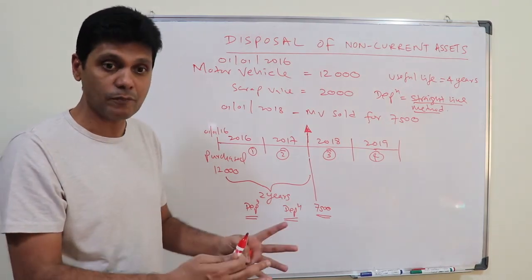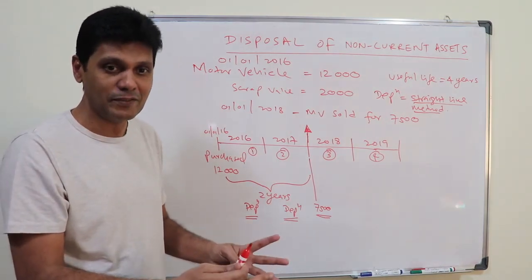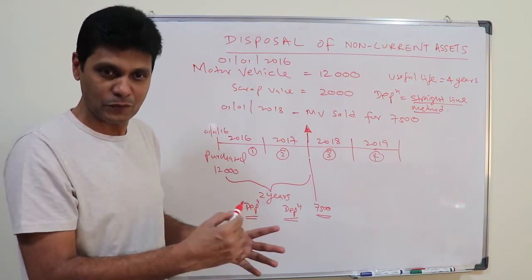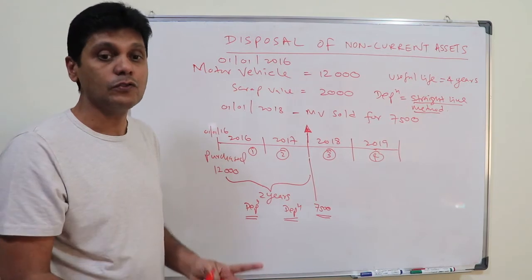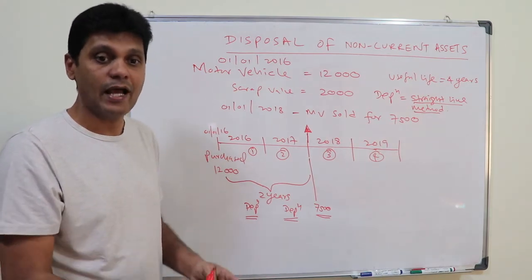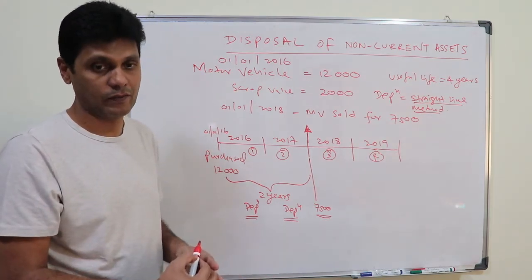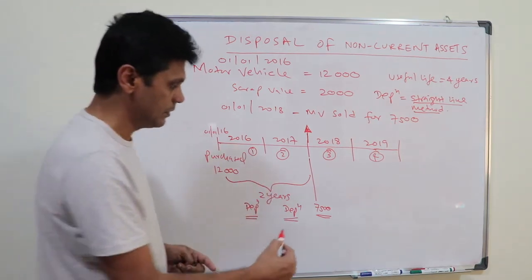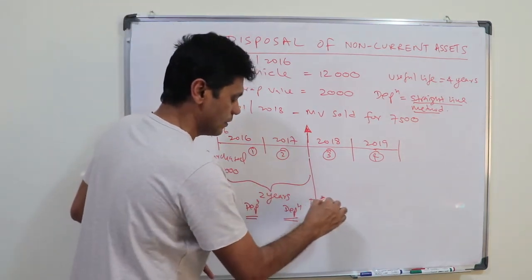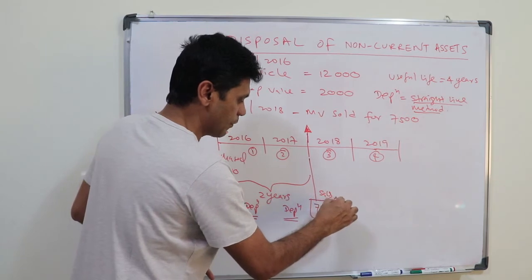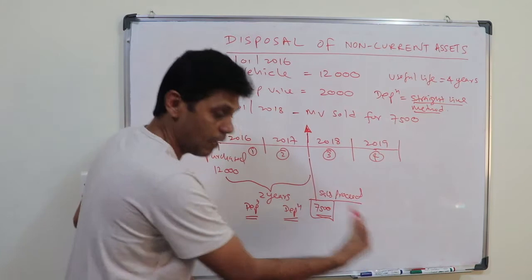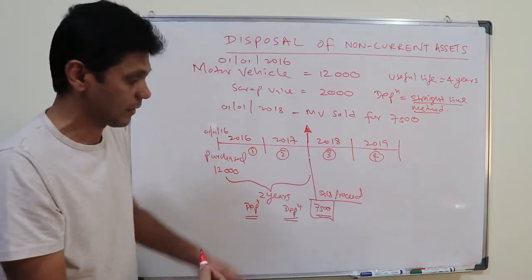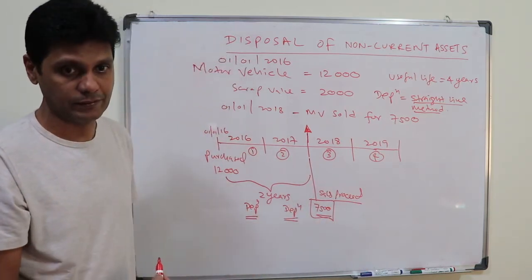Removing it doesn't mean you erase it; you pass an entry to make the asset account 0. There are certain steps for this disposal. The sales proceeds means the money the company receives when you sell. This has to be recorded.